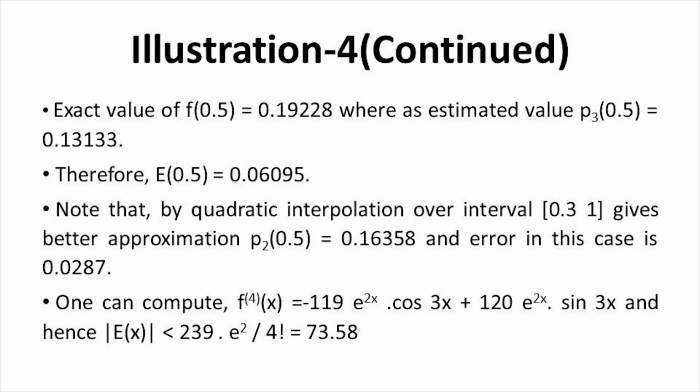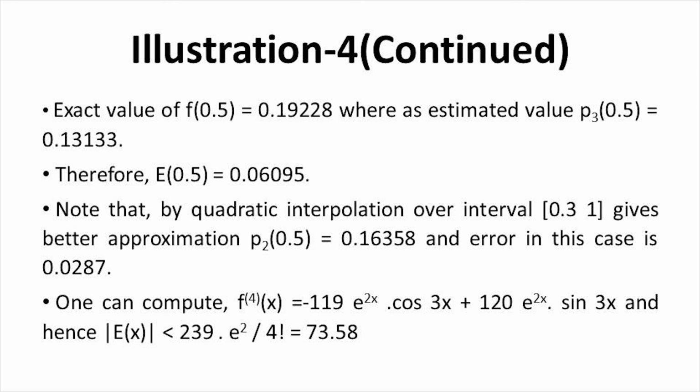and the error in this case turns out to be equal to 0.0287. One can compute the fourth derivative of f(x), and that is given by minus 119 e raised to 2x into cos 3x plus 120 into e raised to 2x into sin 3x, and hence an upper bound on the error.